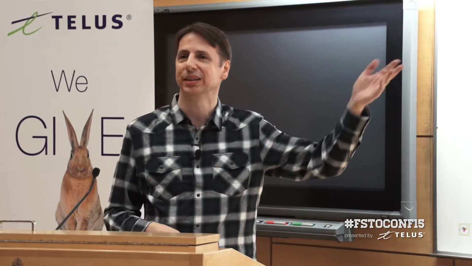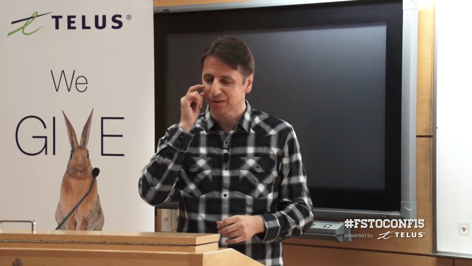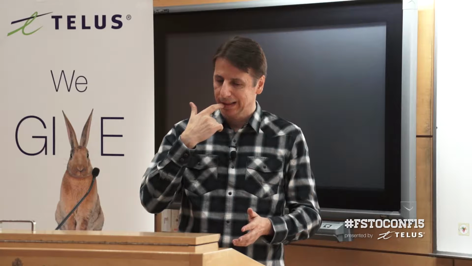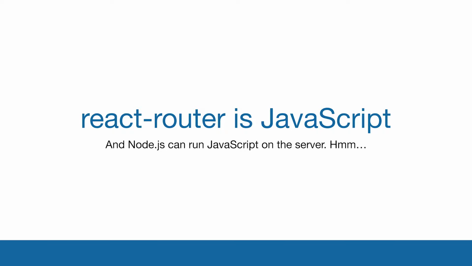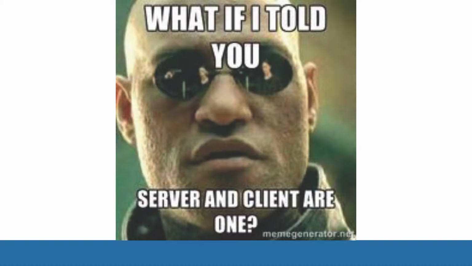So there were already some views available very promptly after React was available. And React Router is JavaScript. We can run it on the server too, in Node. So, hey, what if we put those things together?